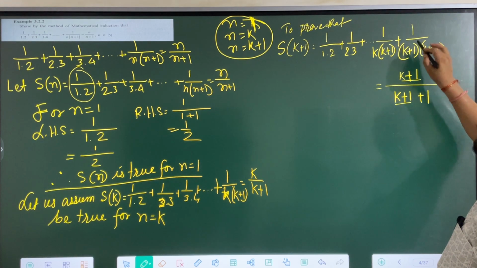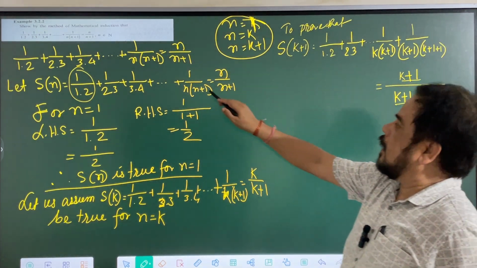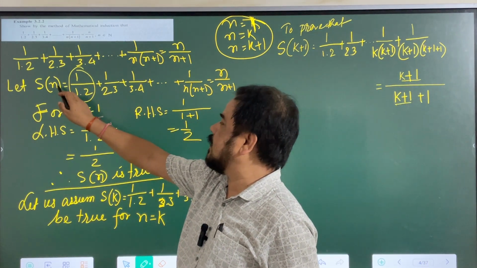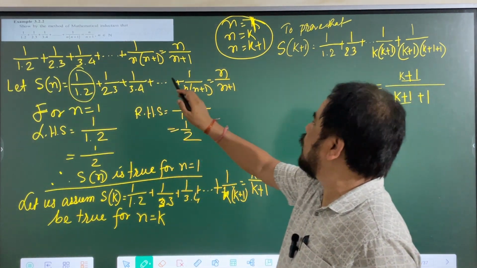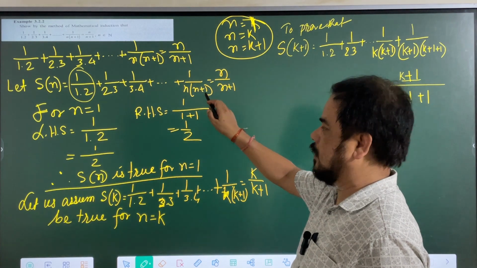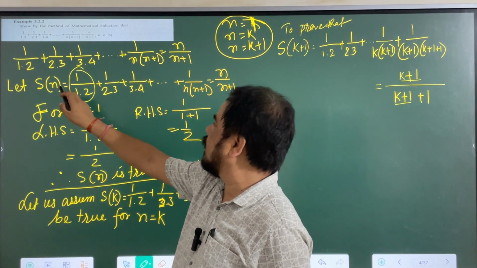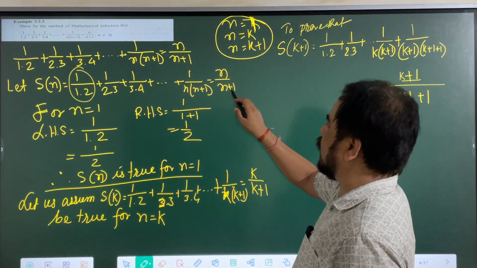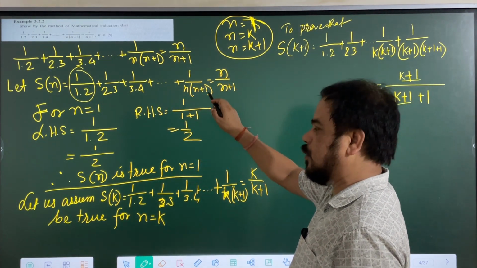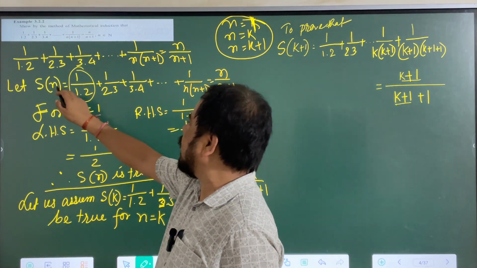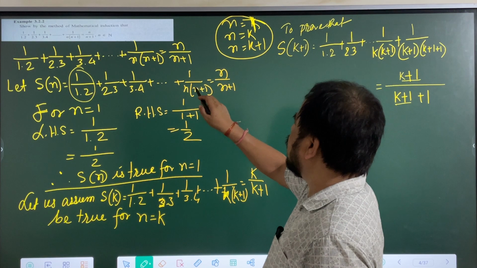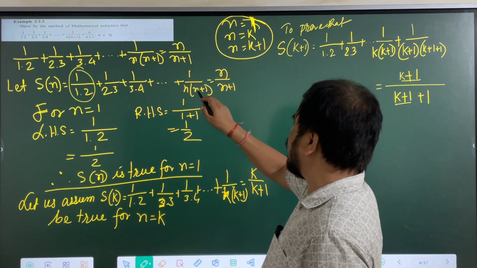So the last term will be 1 by what? See, the last term is 1 by n into n plus 1 when it is Sn. If S3, we write 1 by 3 into 3 plus 1. If Sk, then k by k plus 1, and here 1 by k into k plus 1. If it is Sk plus 1, then the last term will be 1 by k plus 1, and in place of n again k plus 1 plus 1.